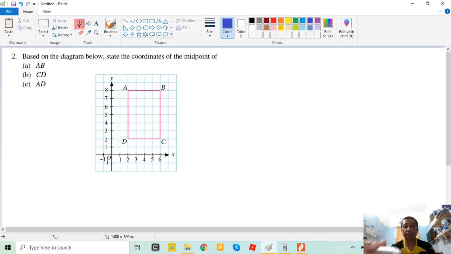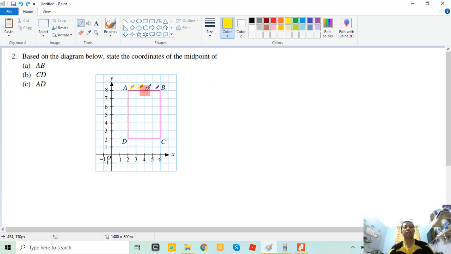AB. So AB, how many boxes here from A to B? 1, 2, 3, 4. So where is the midpoint? 4 divide 2 equal to 2. Therefore, 2 box. 2 box is from here 1, 2. So this one, this is the midpoint.